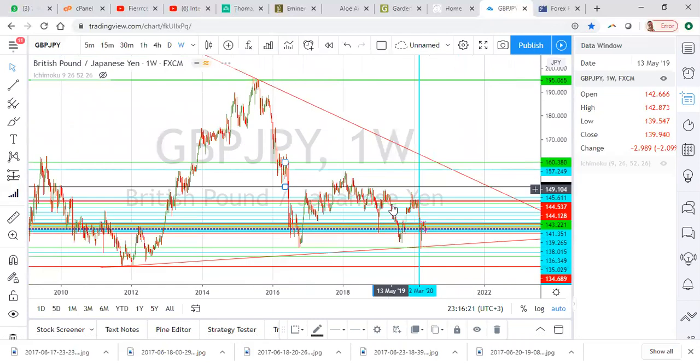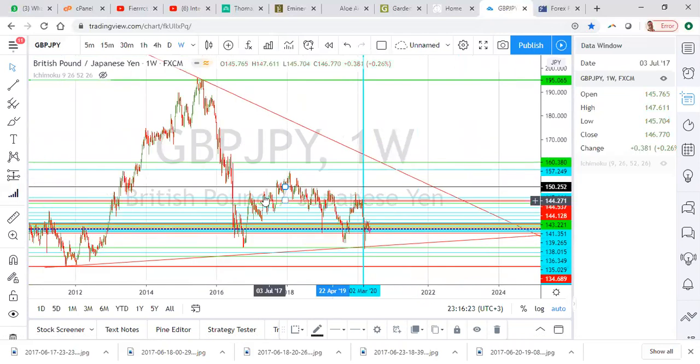We can see that GBP JPY has been ranging, has been in a channel for a while, since about 20th June 2016. So it's been in this channel for a while. I usually just draw lines, and my lines are already drawn here. So let's look at the day.